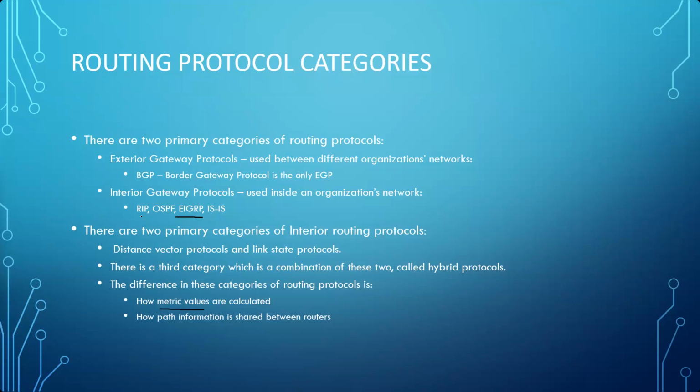RIP uses the number of routers, and EIGRP, you won't believe it, is going to use a combination of these things, right? It's going to say, I want to know the speed. I want to know how reliable. I want to know how much I'm sending. And I want to know the delay, by the way.